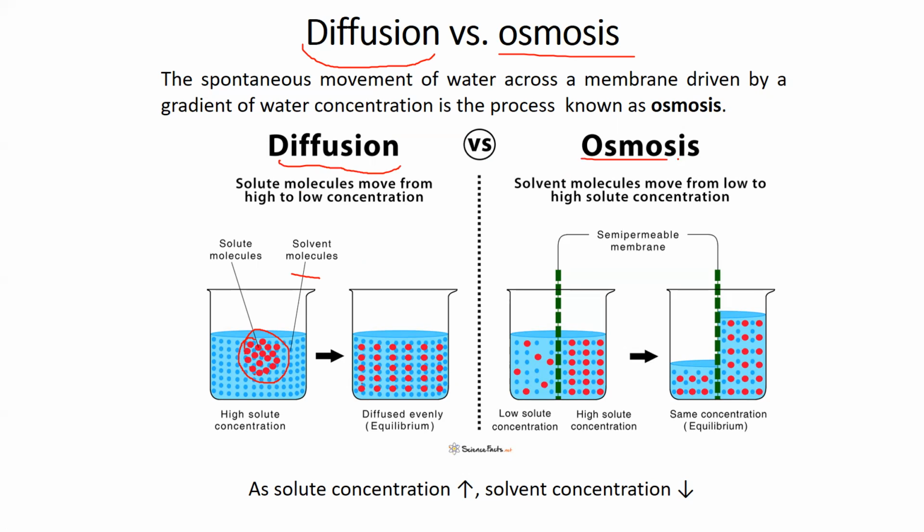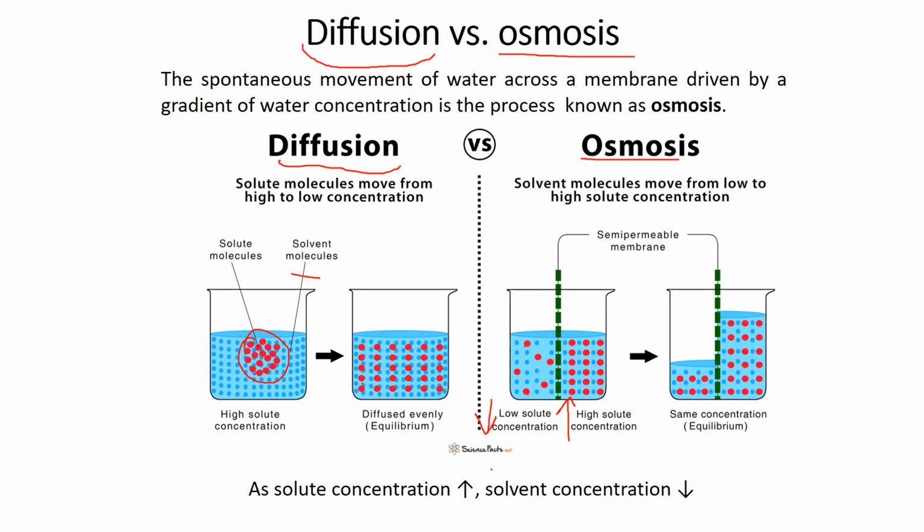Whereas with osmosis or water movement, it's different. So you can see here, we have two compartments. This compartment has low solute concentrations, right? Whereas here we have high solute concentrations.